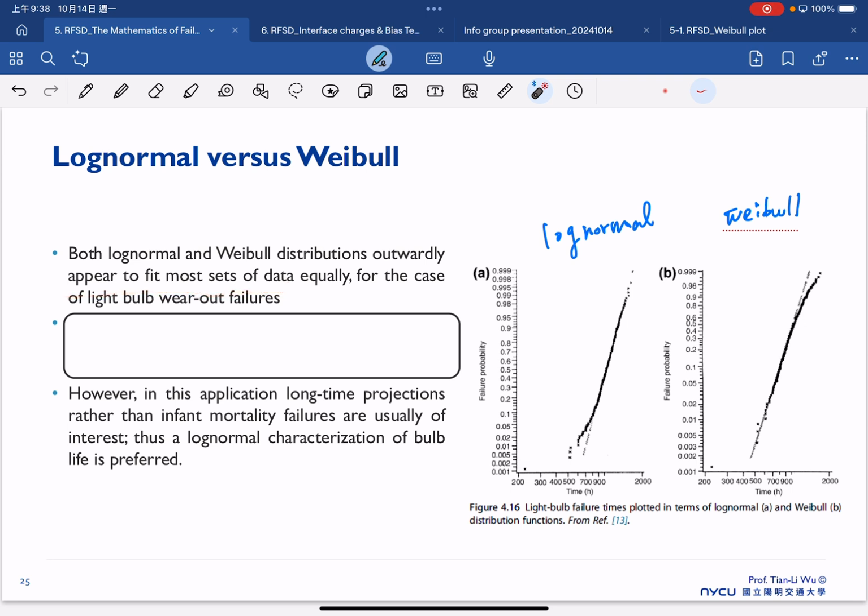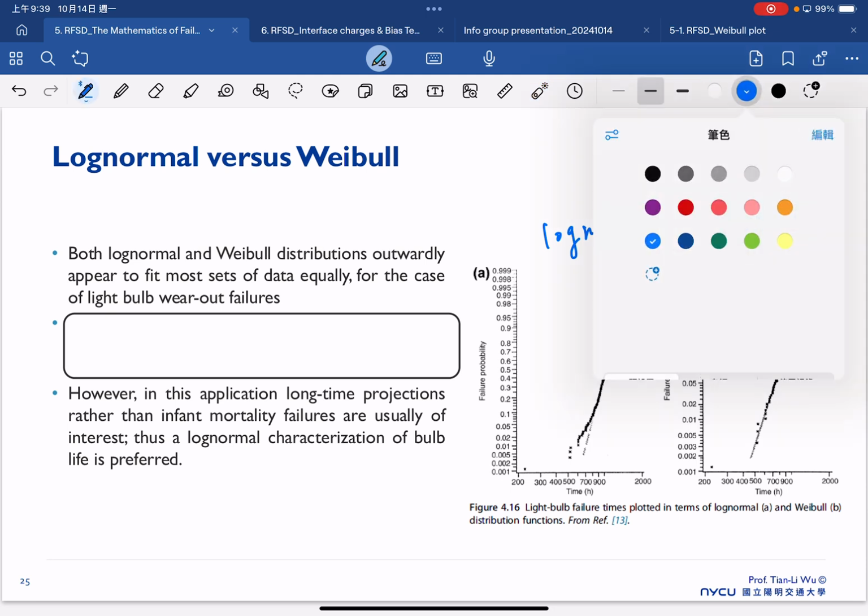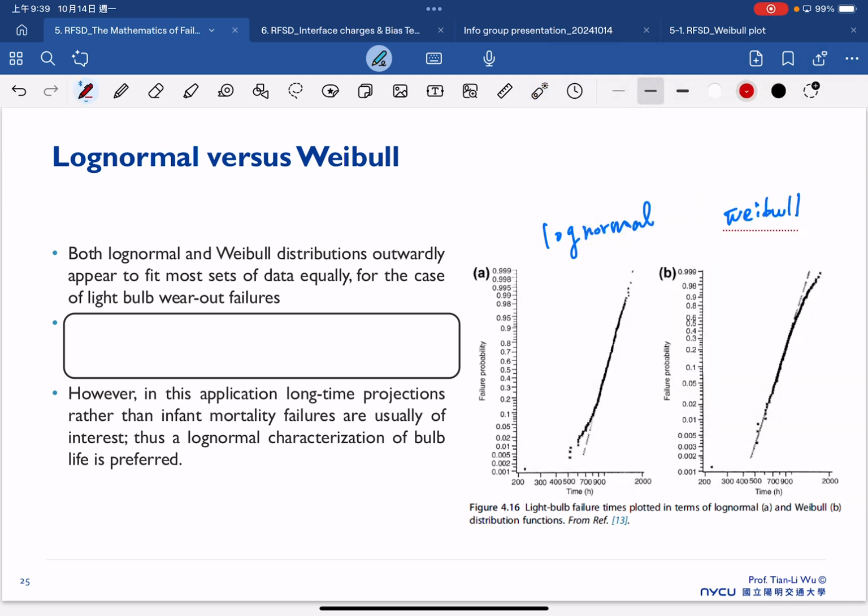For example, in the case of log normal, we can fit this data set very well, although there is some inconsistency here. In the case of the Weibull distribution, we can fit this very well too, and there is some inconsistency in this range.